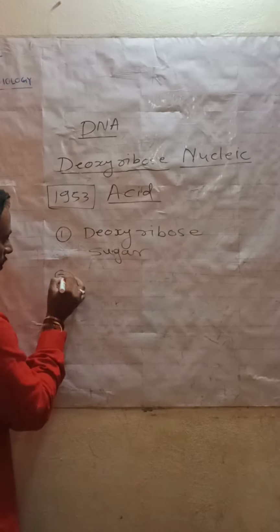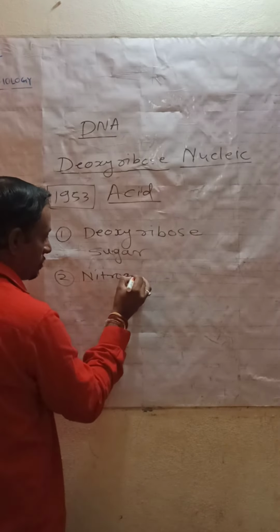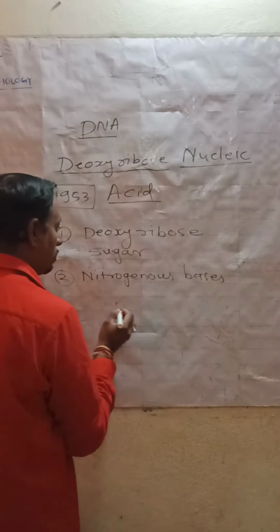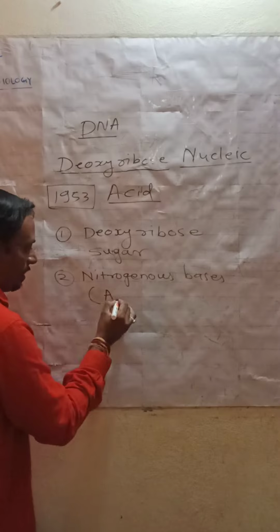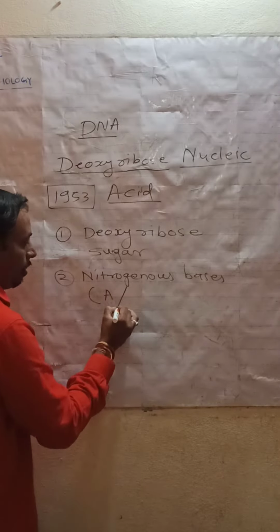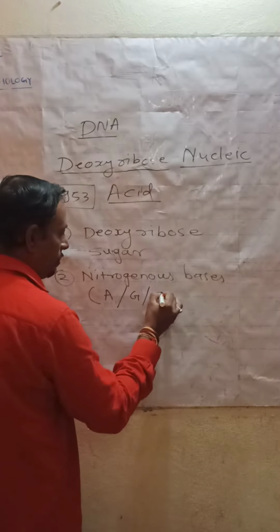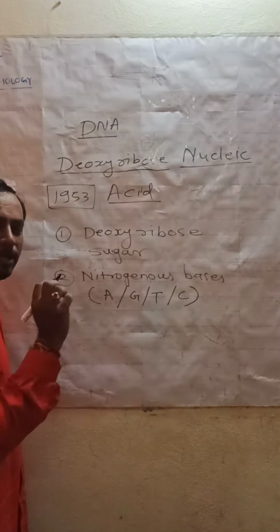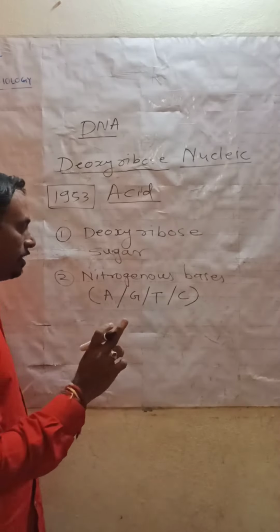Second part was nitrogenous bases. Nitrogenous bases included adenine, guanine, thymine, or cytosine, a single repeating unit. One nitrogenous base in a single repeating unit of DNA.